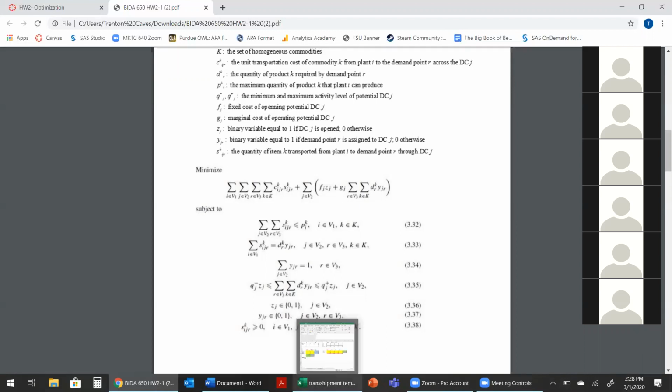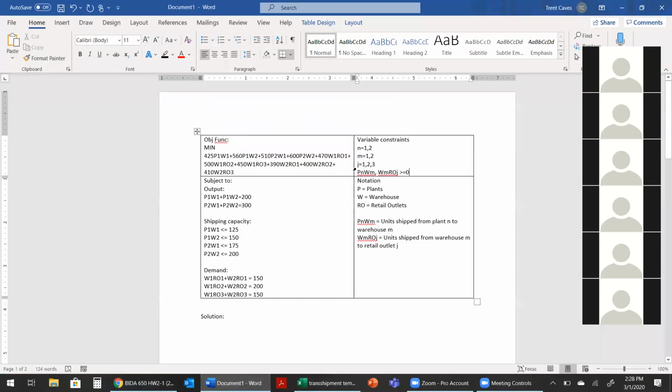What we did as N equals 1, 2 is just another way of saying that same notation. So I'm just showing you how the notation that we've just created corresponds to what you're going to see in the next question.